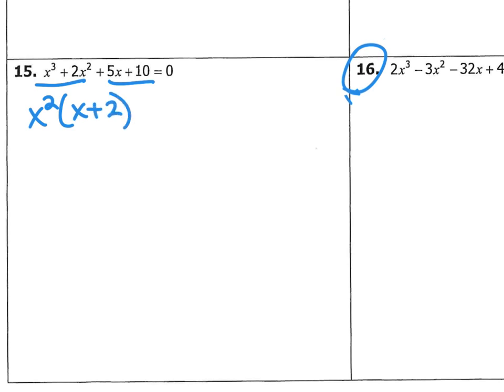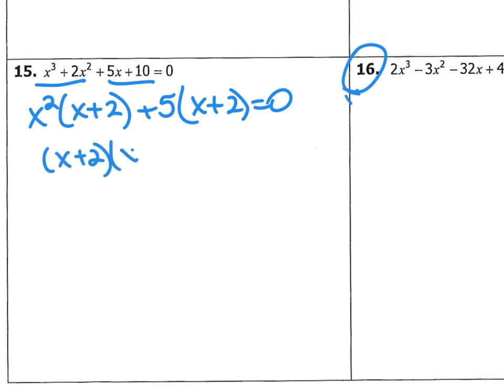And then 5x plus 10, I can take a 5 out and get x plus 2. Okay? And then remember, you take your matching parenthesis and you write it down once, and then you write the other stuff in the second parenthesis. So we have x plus 2 and then x squared plus 5 equals 0. We've got this fully factored. I can't break it down anymore.